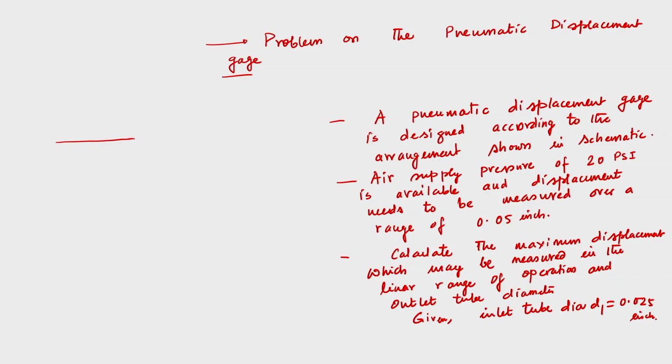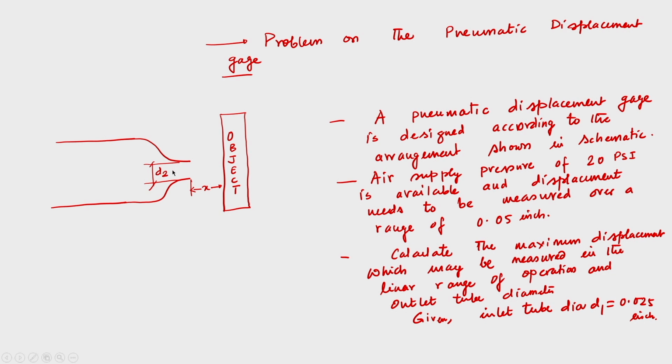So, if we can recall, this is the object or workspace, this is the object, and this is the outer diameter, and we have the orifice with diameter d1, and this is the upstream flow.